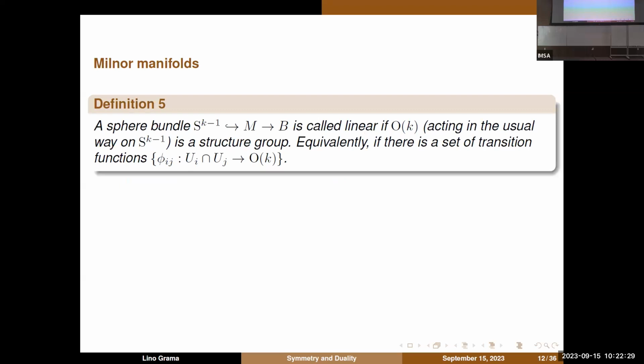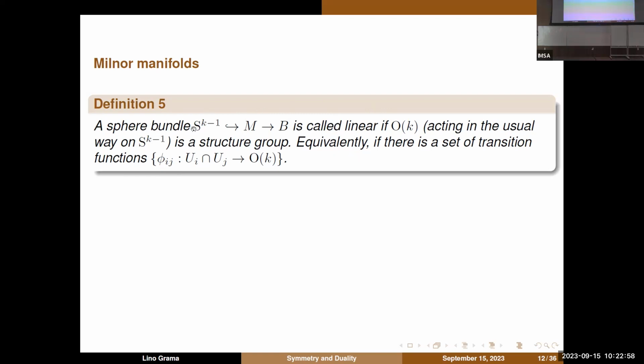Okay, this is the basic setup. We have now the picture of spherical duality. Now we start with another ingredient, the Milnor manifolds. Just to start, recall the definition of a linear spherical bundle.